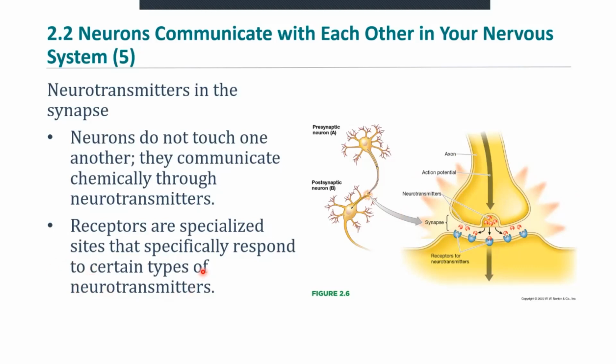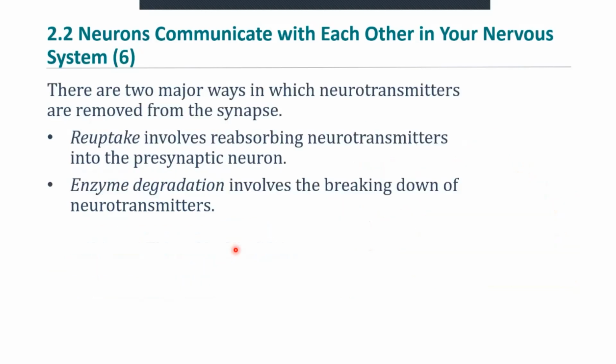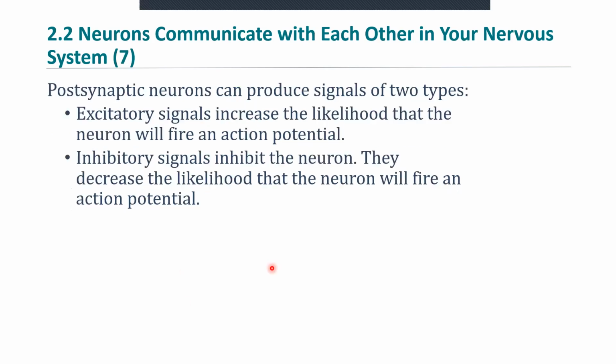There's a second way that we get rid of neurotransmitters in the synapse, and it's called enzyme degradation, which is just a breaking down of neurotransmitters. These are special chemicals. These enzymes break down other substances. Okay, and this helps with synaptic cleaning, as it's known.